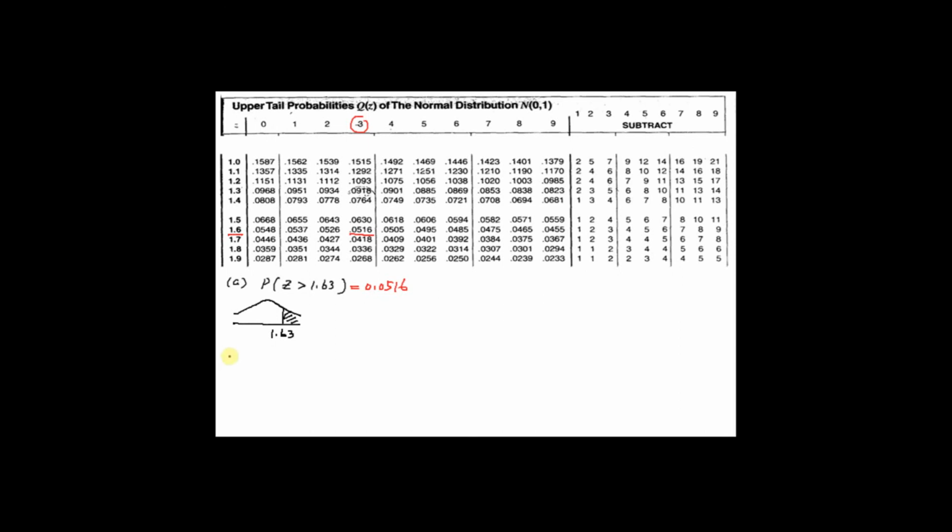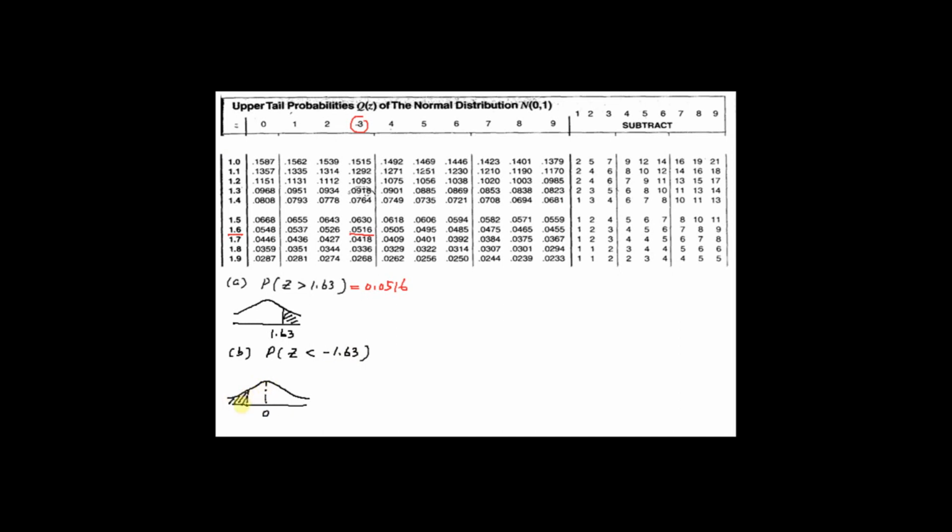For part B now, you have to find the probability Z less than negative 1.63. So this involves a negative number. You may see that your tables only show the positive number. So how to find this probability? So less than negative. You know that in the middle is 0 here. Negative value will be somewhere around here.